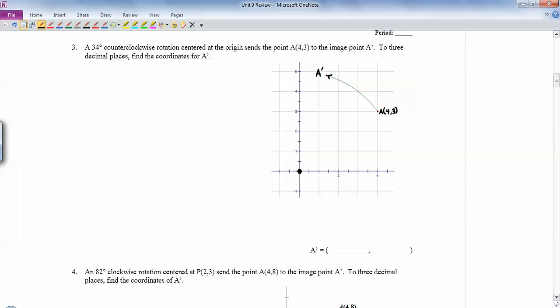So centered here at 0, 0, which means that if I kept this going, I get this huge circle around 0, 0. And so that's going to be a radius right there, and this is also going to be a radius.